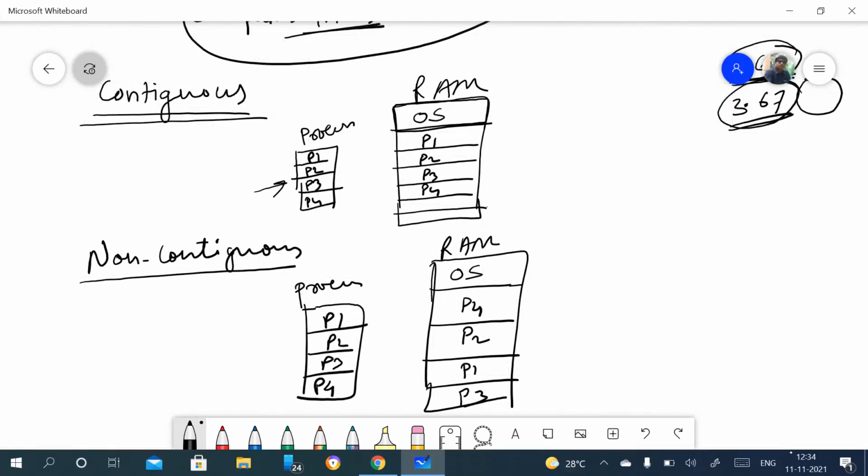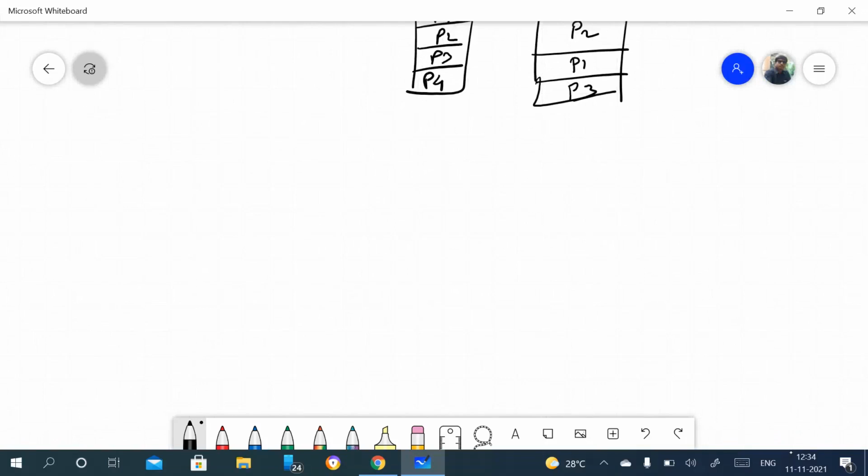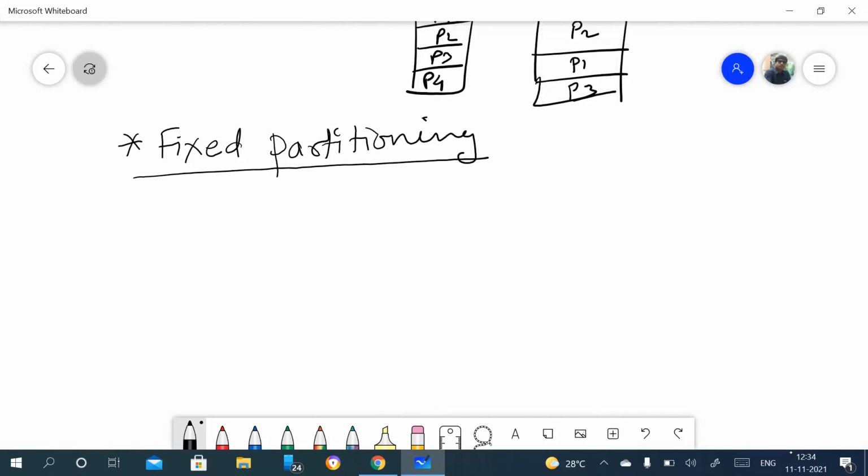Fixed means fixed, and variable means variable. Fixed partitioning is also called static.